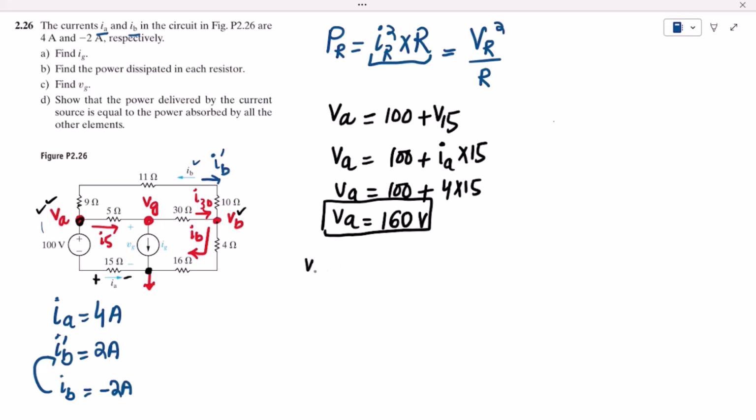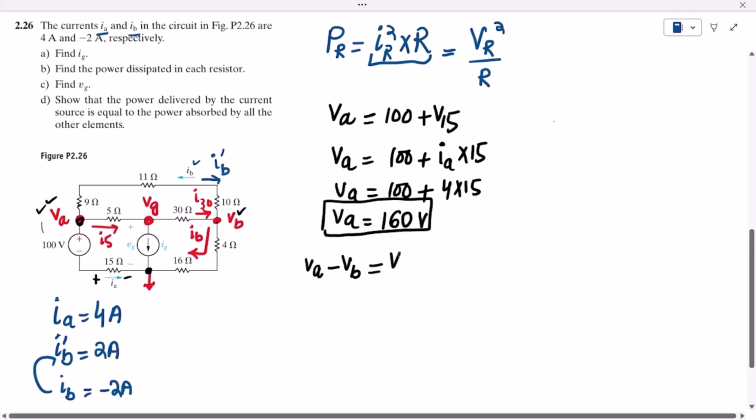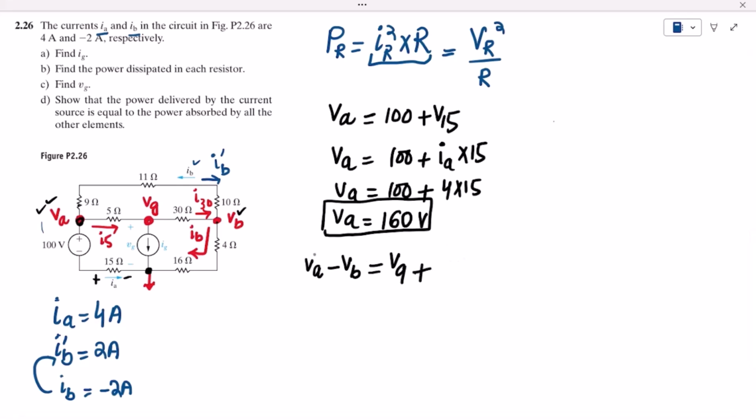It will be VA minus VB, which is the applied minus the remaining, equal to the voltage drop V9 across this one, plus the voltage drop across this 11 ohm, plus the voltage drop across this 10 ohm resistor.